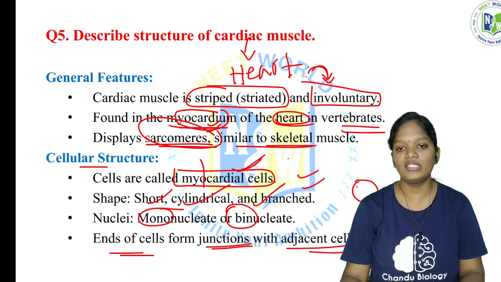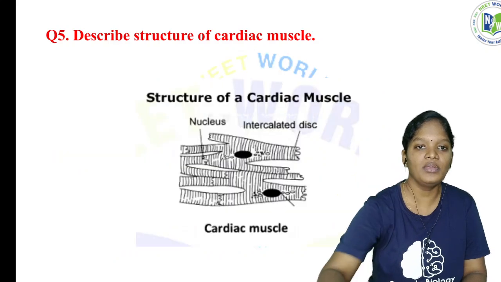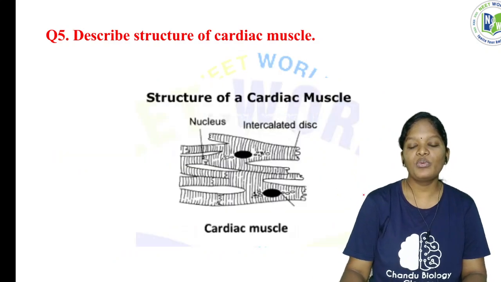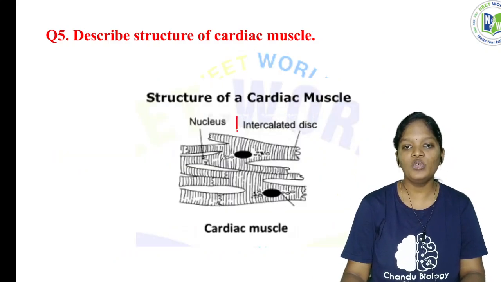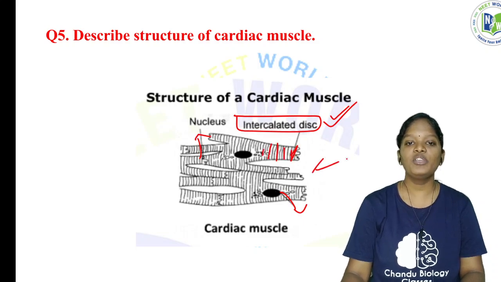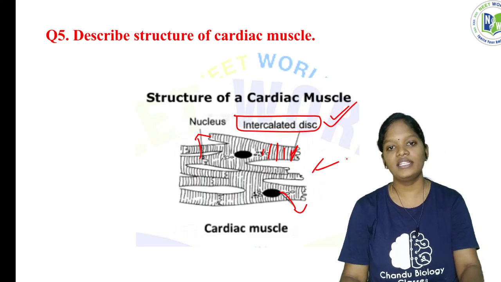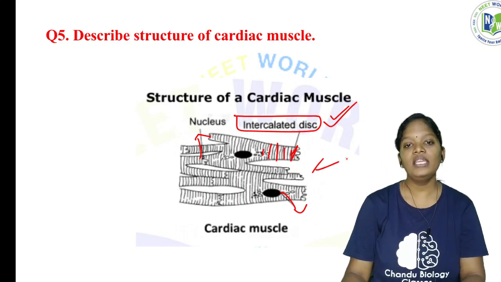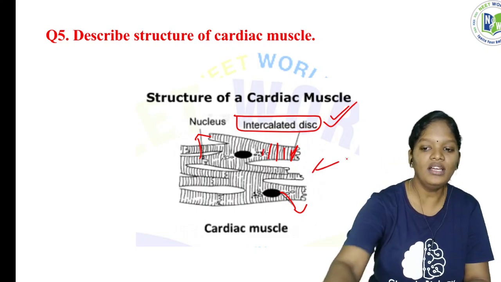This is one cell and this is another cell, forming a junction connecting with the adjacent cells. This is the structure of cardiac muscle, and the most important character is the intercalated disc. This is the cardiac muscle, this is the nucleus, and this is the intercalated disc-like structure. Because of the presence of the intercalated disc, we have the partitions, striations in the cardiac muscles.